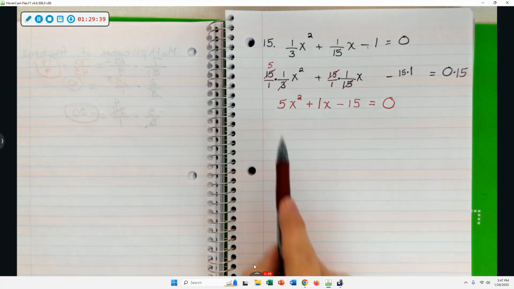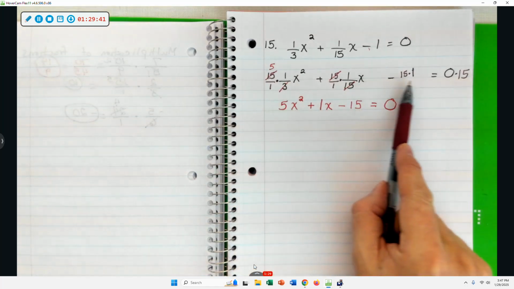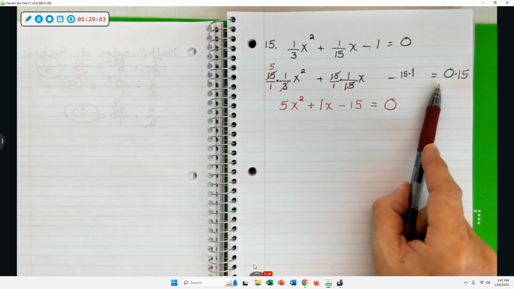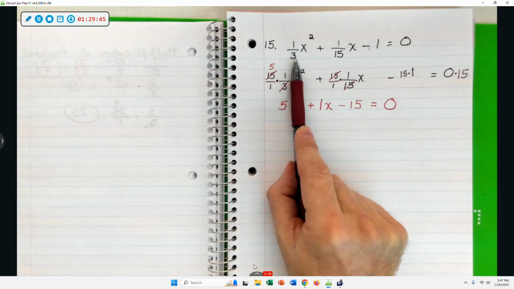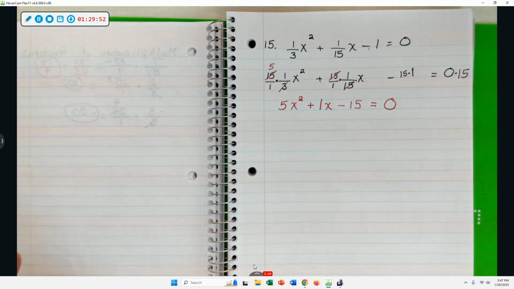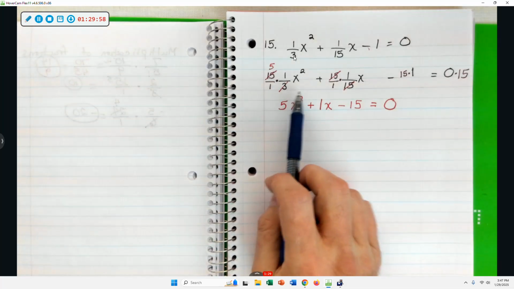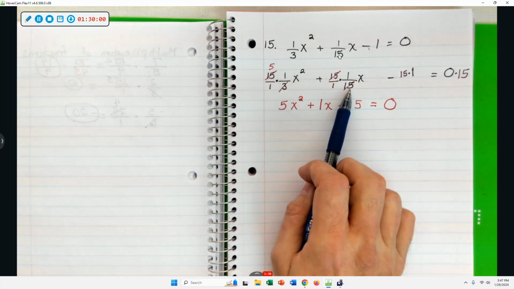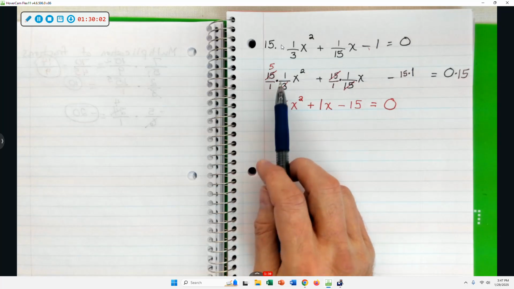I just think that doing this little bit of multiplying here, I'd rather do that than A equals a third and B equals 1/5. Realize we're using the smallest number possible. But there are other numbers. You need a number that 3 divides evenly into and 15. Well, 30. You could have used 30.